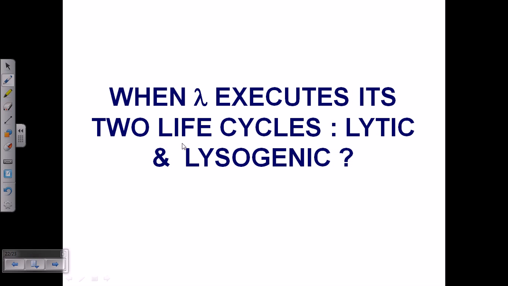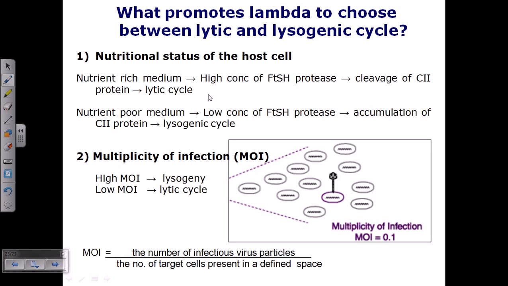Okay, now the question remains: when lambda executes its two life cycles, lytic or lysogenic, how do we figure it out? Usually it depends on two major factors. One is the nutritional status of the host cell, and the second is the multiplicity of infection, or MOI.